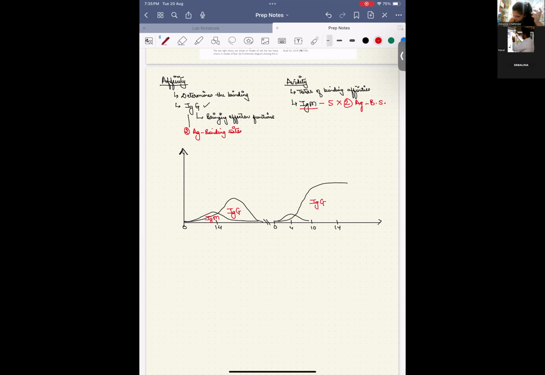This is IgG and this is IgM. If you compare the amplitude, okay, I should draw this. The amplitude of the IgM response is typically the same for your primary immune response as well as for the secondary immune response. It's the IgG molecules that play a major role in your secondary immune response.